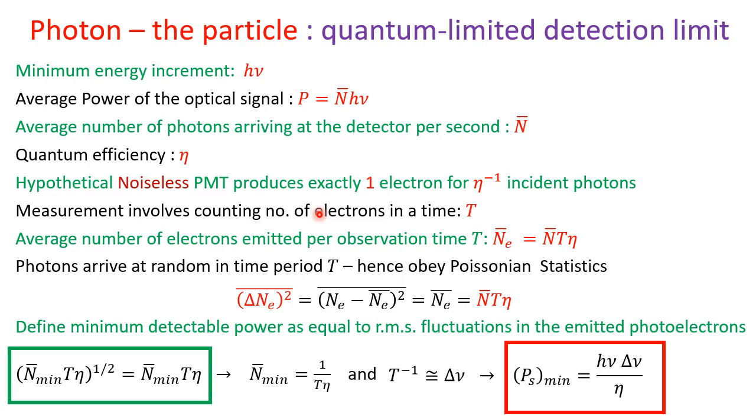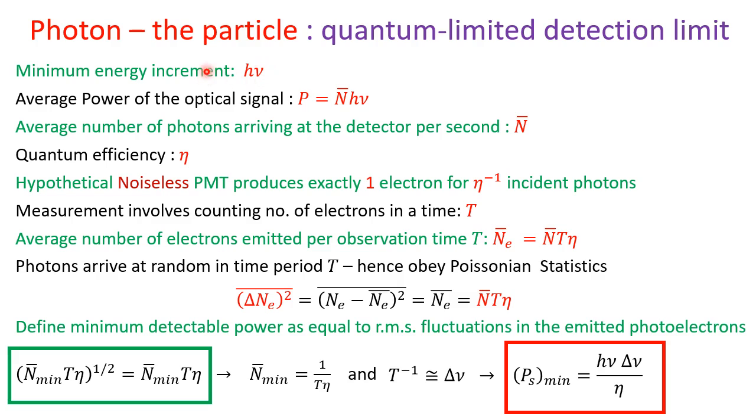And once you have done that, one can try and get to the quantum limit of optical detection, right? So I'm going to give you a very brief overview of that fundamental argument.